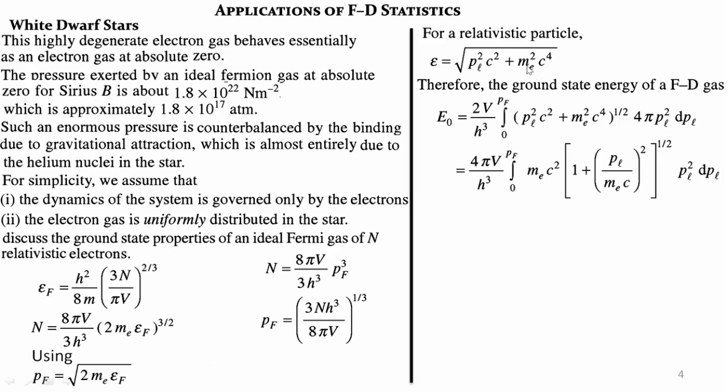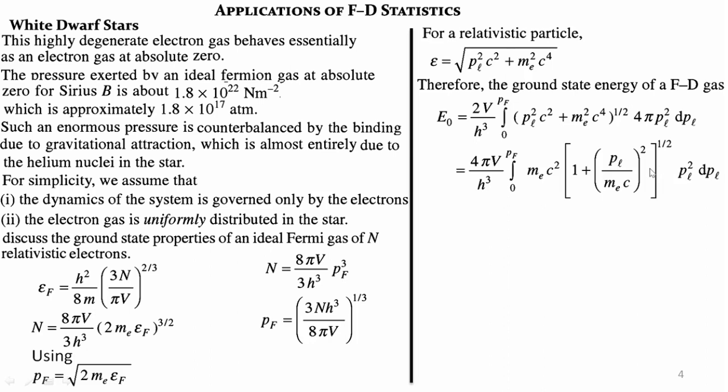But then this is divided by C raised to the power 4, right? So C squared divided by C raised to the power 4 will leave you with 1 over C square. So this is the same thing. So PL over, this is simple, under root. So PL square dPL, right?